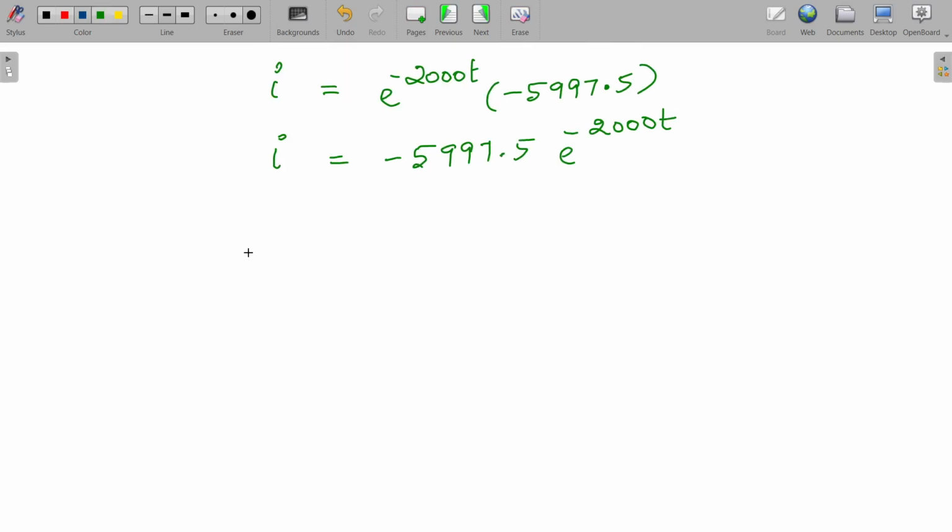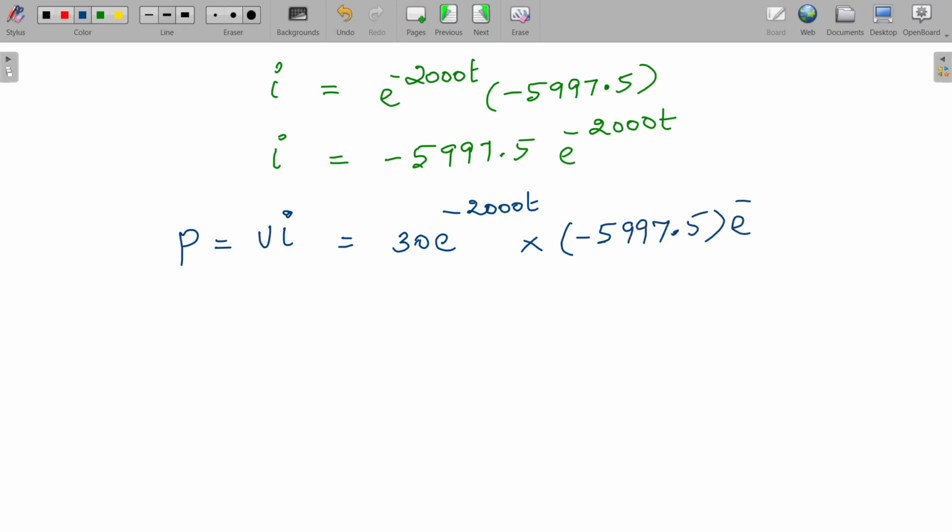This is I. We are asked to find the value of the power absorbed. The formula is P equals V times I. What is the V value here? It is 30e^(-2000t) multiplied by the I value, that is minus 5997.5e^(-2000t).